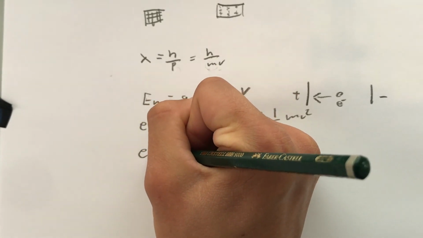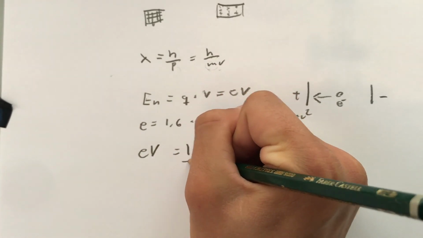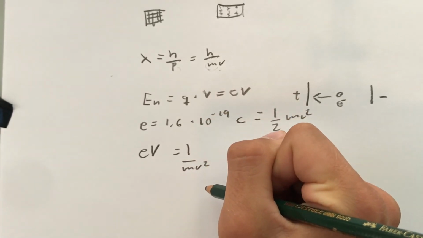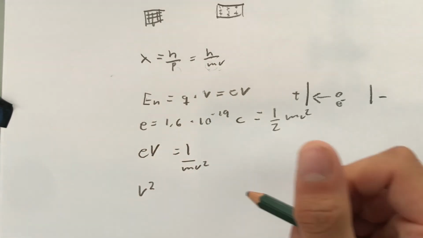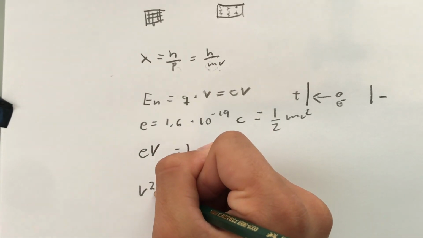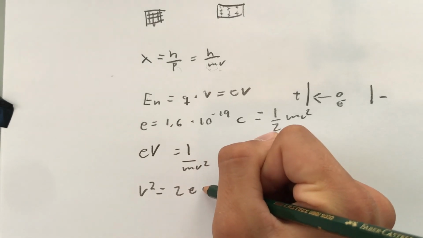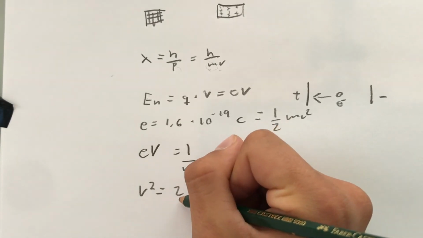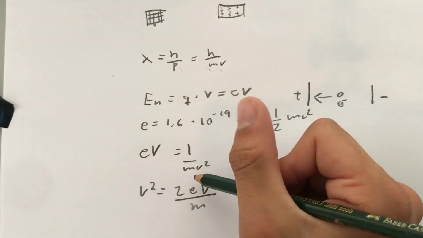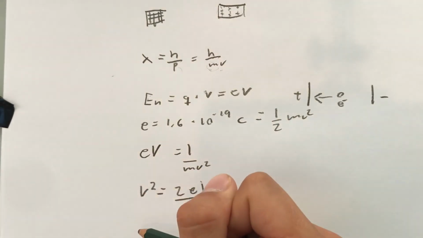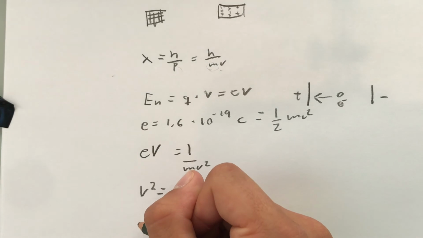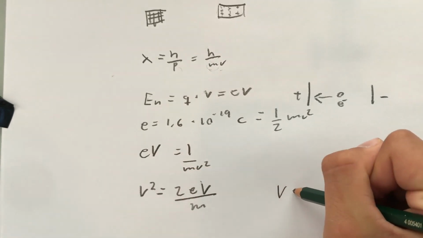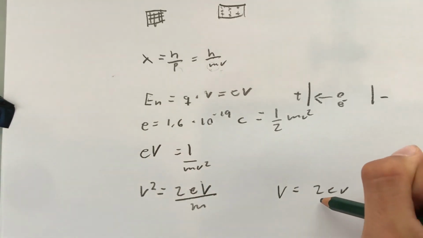So eV is equal to half mv squared, which you can derive as v squared is equal to 2eV divided by m. And remember, this V is volt and this v is velocity. Do not confuse them. I know it's confusing, but that is how we write things. I'm sorry about that. Which then essentially is just v equals the square root of 2eV divided by m.